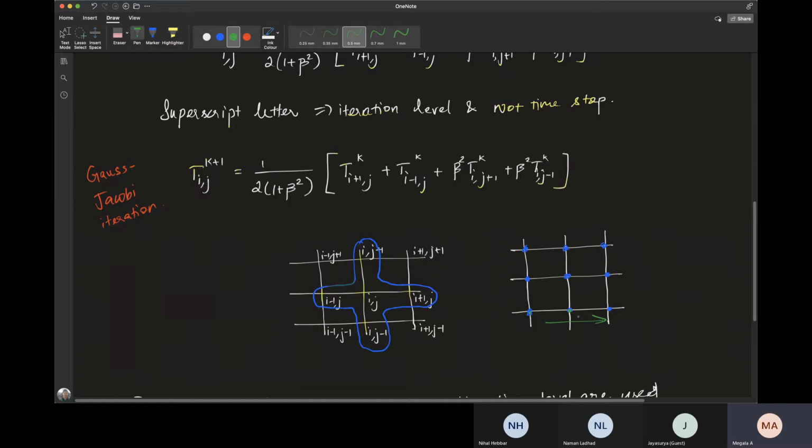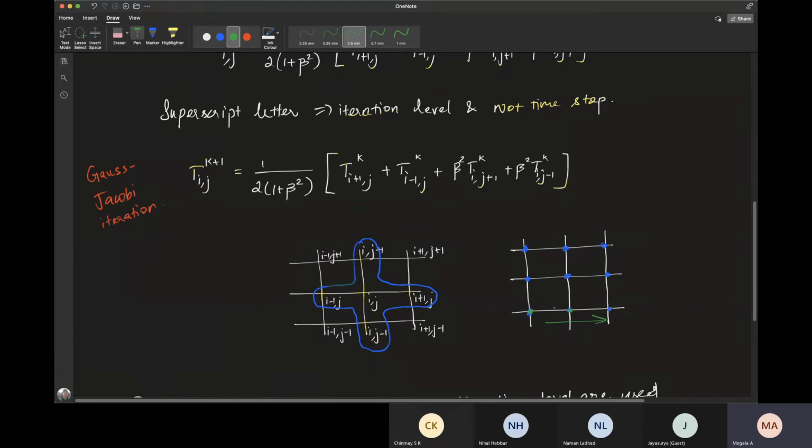When we go in such a direction, when we are evaluating the value of Tij at this point, we have already evaluated the value of T at the previous point. Because we are going in this direction, first we evaluate the value of T at this point, then at this point, and then at this point, and we go on towards the right.